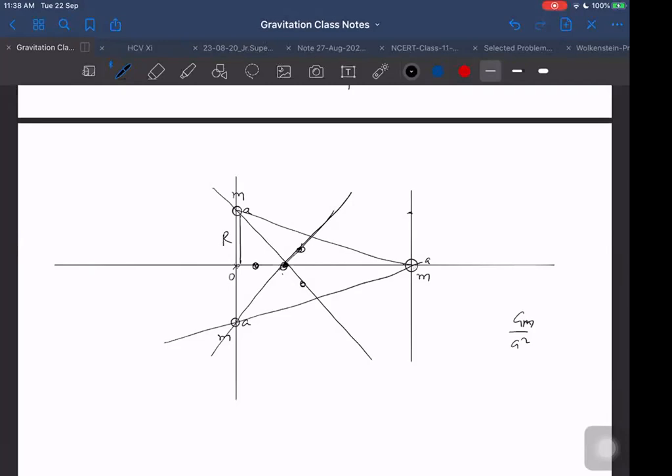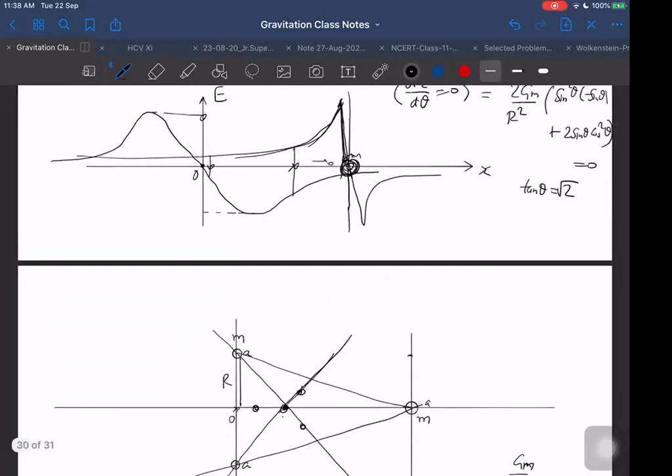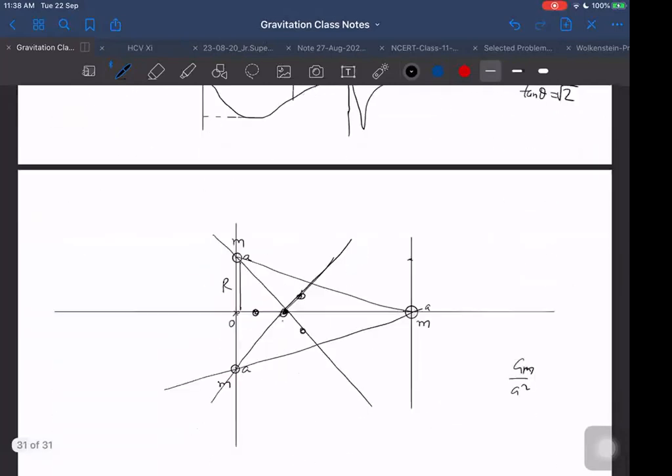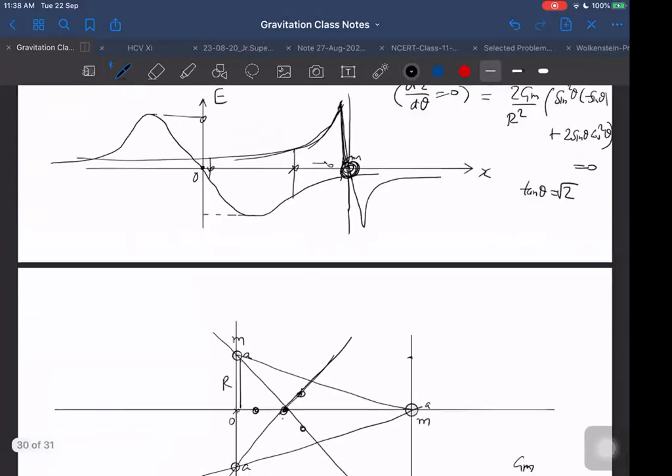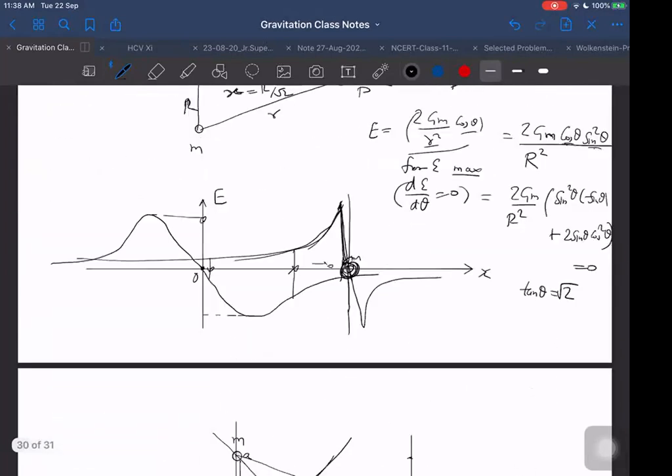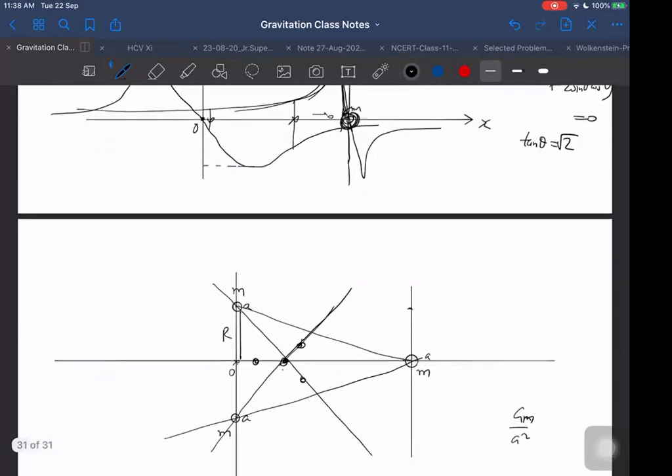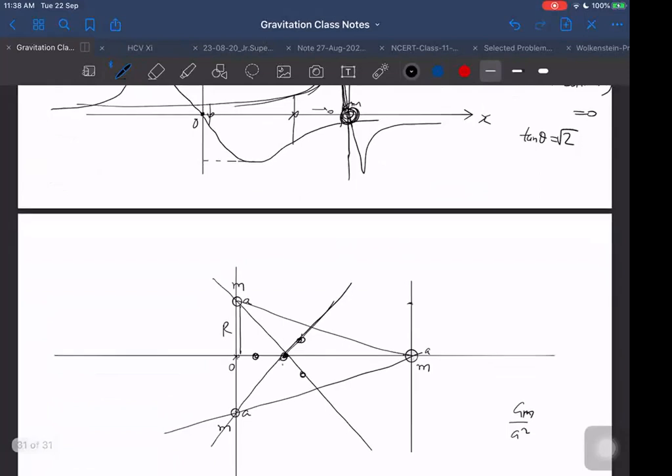Total, then how many are we getting? 6 we are getting, or what? 1, 2, 3, 4, 5. 1 here, 1 here, 1 inside the mass also can be there.